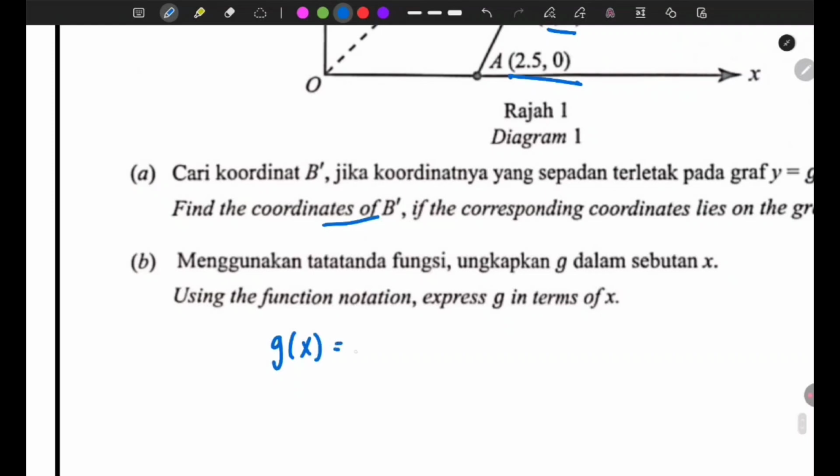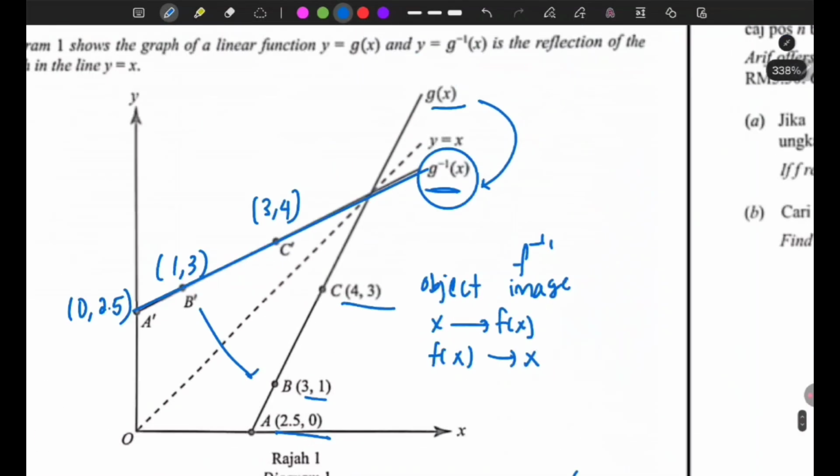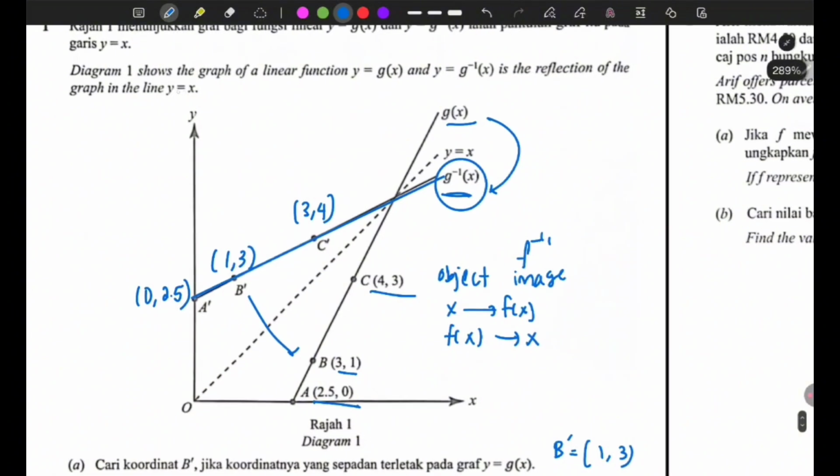Now find g(x). What is g(x) in terms of x? Guys, this is a graph. y equals x. This is a g(x) line. Sorry, it's not straight enough. It's a straight line, isn't it? They also tell you a linear function, a straight line.